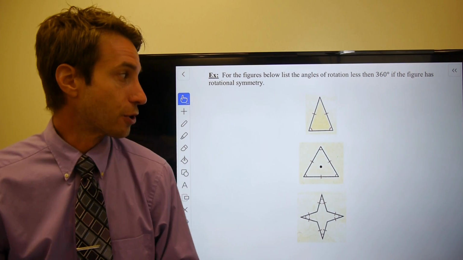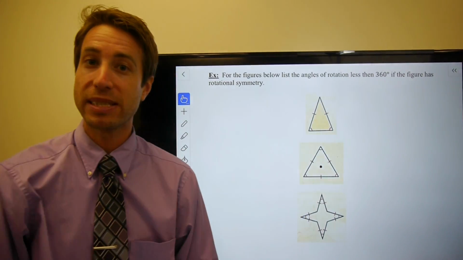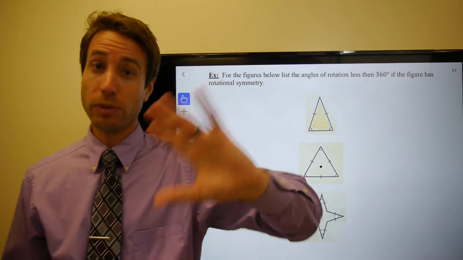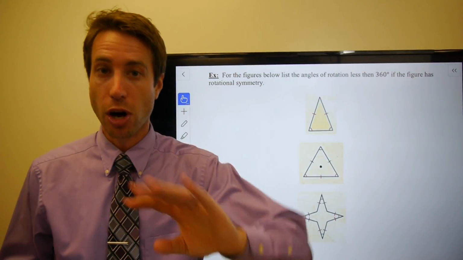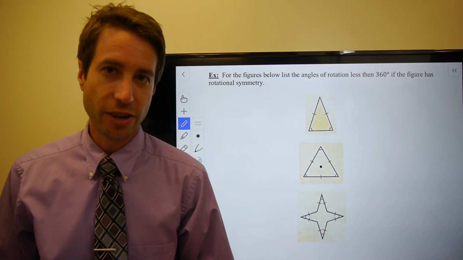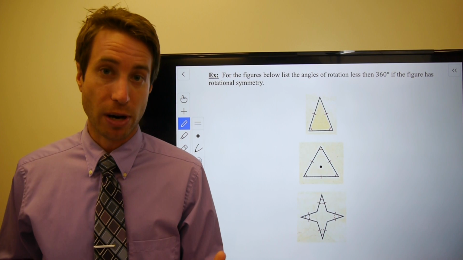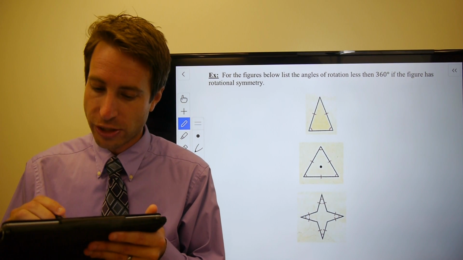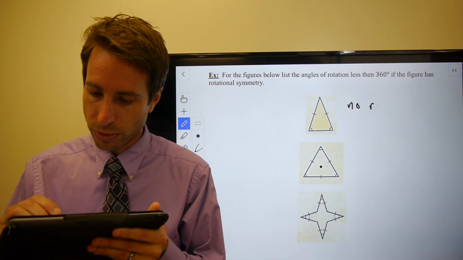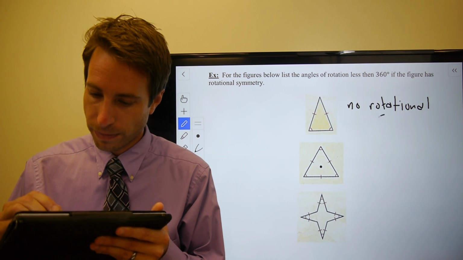On this one, this first triangle, is there any way to rotate that triangle to map itself onto its original image, the image onto the pre-image? And there is not. You would have to go a full 360 degrees, which is cheating. Any object will map onto itself if you go 360 degrees, so no rotational symmetry.